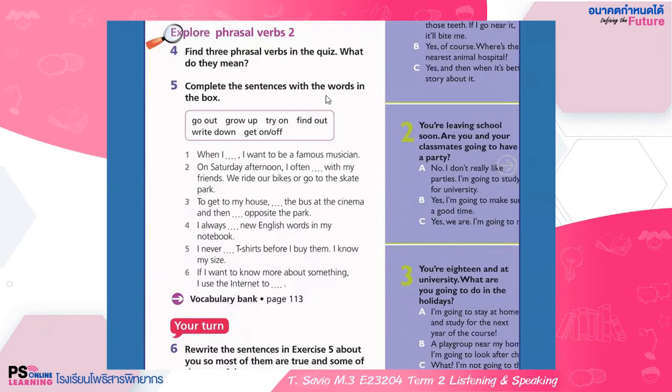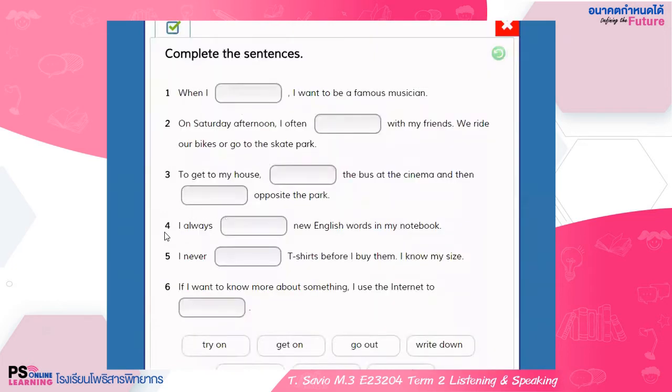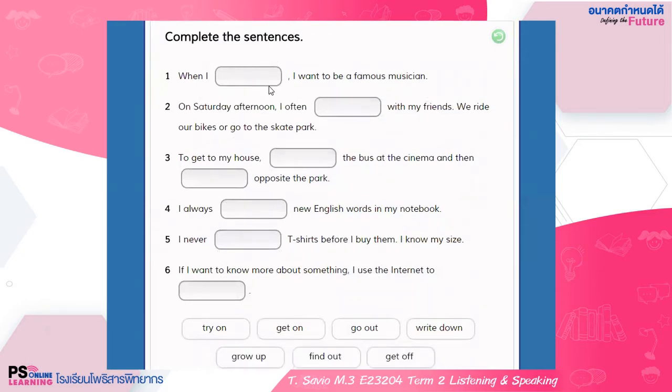Complete the sentences with the words in the box: go out, grow up, try on, find out, write down, get on, and get off. So these are examples of phrasal verbs. Complete the sentences. Number 1: When I grow up, I want to be a famous musician.